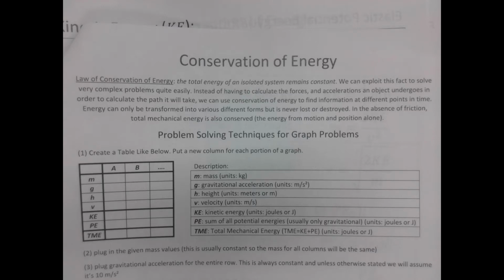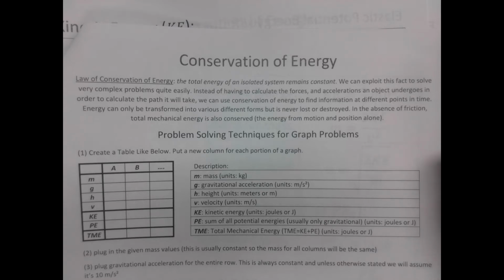We can solve for gravitational potential energy easy. It's just equal to the mass times 10 times whatever height it's at. From this, we can find other information. So instead of having to calculate the forces and acceleration an object undergoes, in order to calculate the path it can take, or will take, we can use conservation of energy to find information at different points in time.